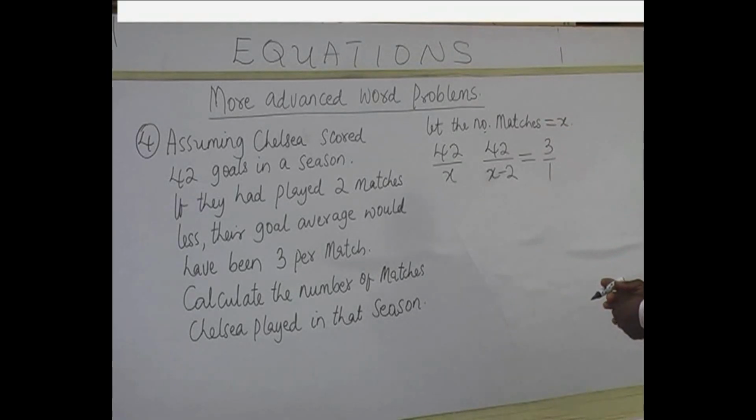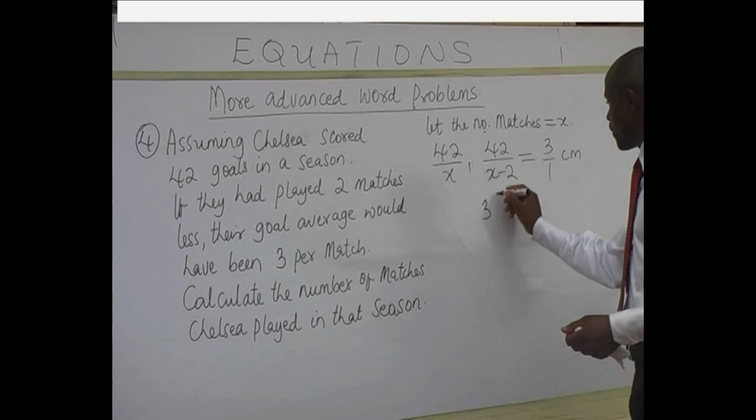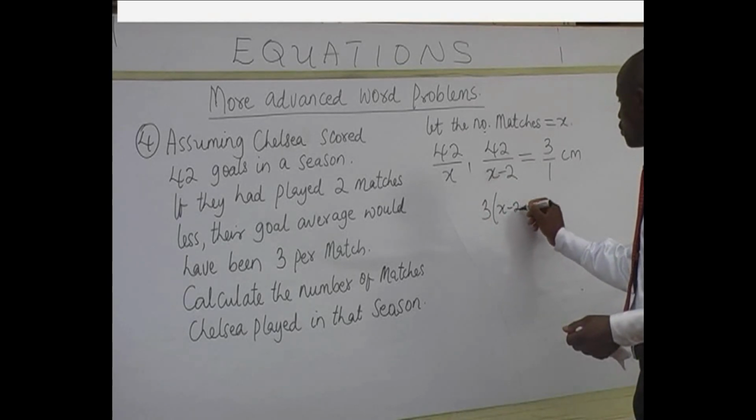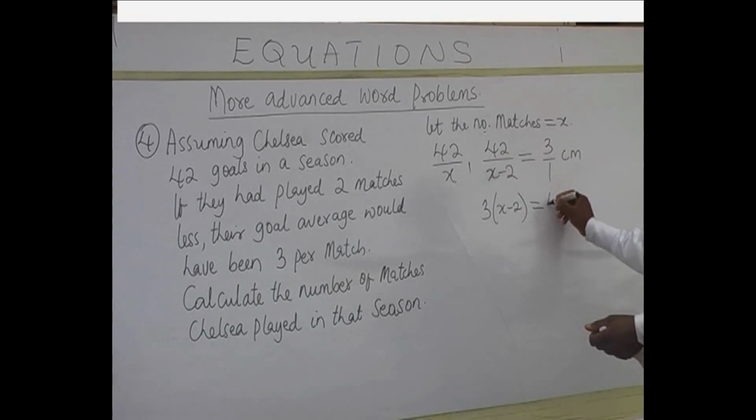So this is the equation now. Cross multiply. 3 times x minus 2 will give you 3 into x minus 2, and it's going to be equal to 42 times 1, which will give you 42.